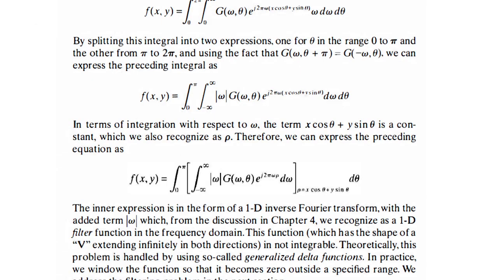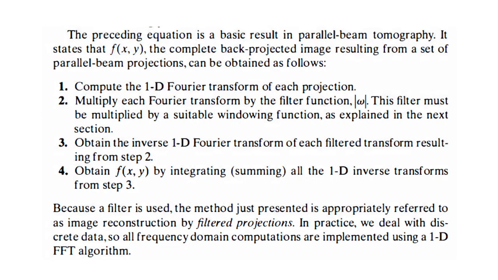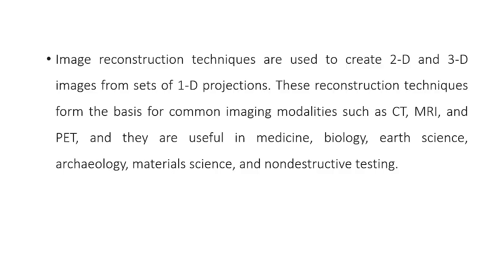These are the derivations in the Fourier slice theorem, and these are the simple steps to be followed, given in algorithm format. It is easy to understand the steps we are taking, and by summarizing them we can easily get the reconstructed image.